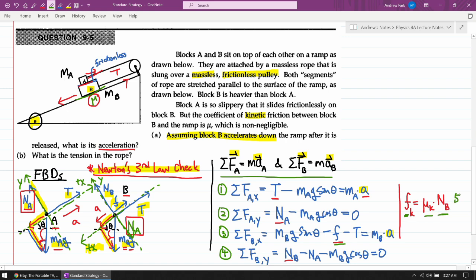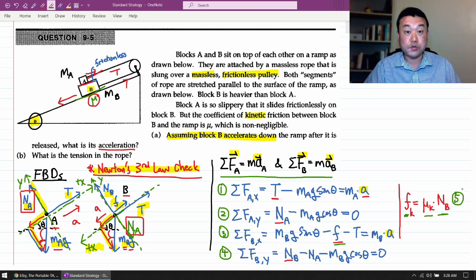So now we do have 5 equations and 5 unknowns. So we, or you, should be able to solve this equation for 2 of those 5 unknowns, eliminating the other 3.